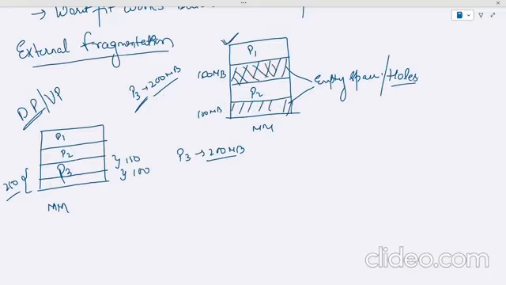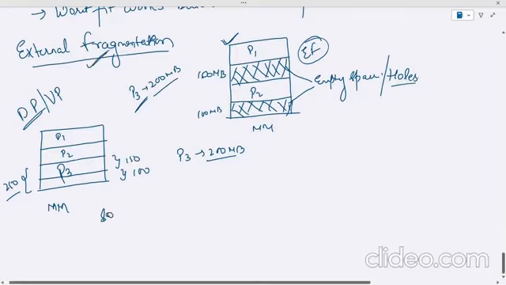So this space is wasted, and this waste of space is called external fragmentation. The solution to external fragmentation is, if we put the already occupied space on one side and the free space on the other, then we can use that free space and overcome external fragmentation. Okay, I hope you understand external fragmentation and its solution.